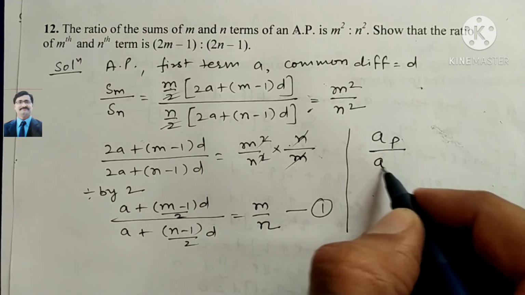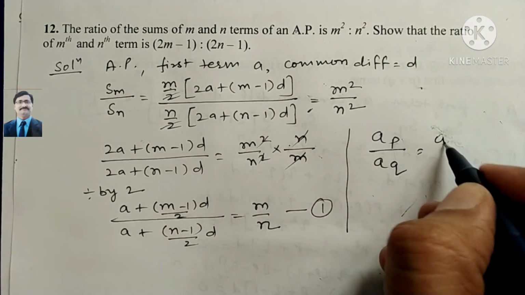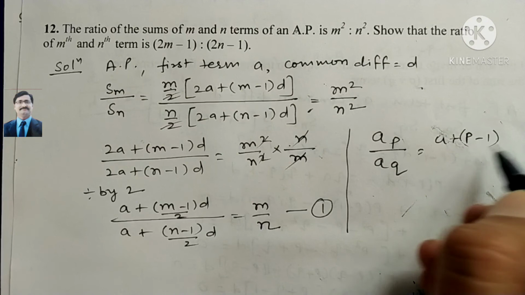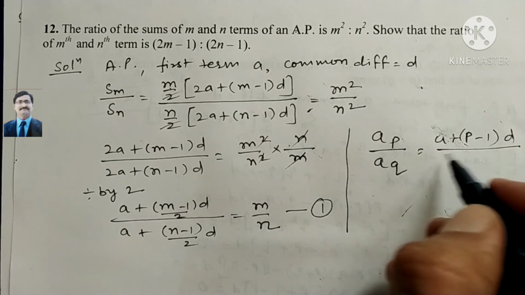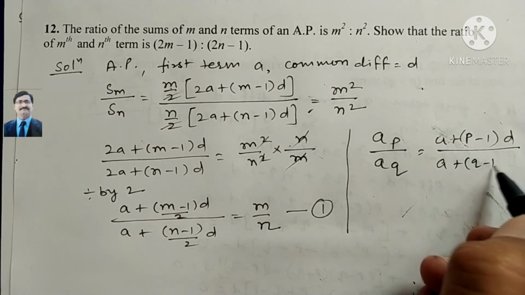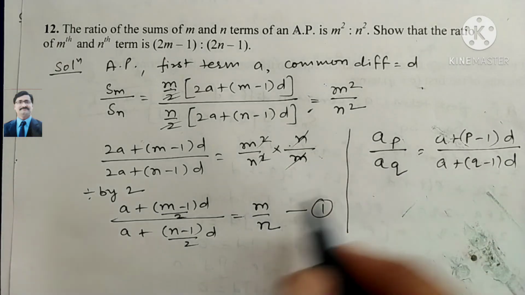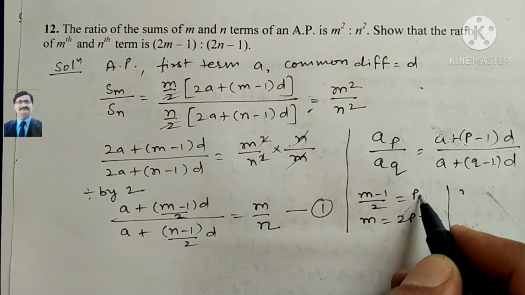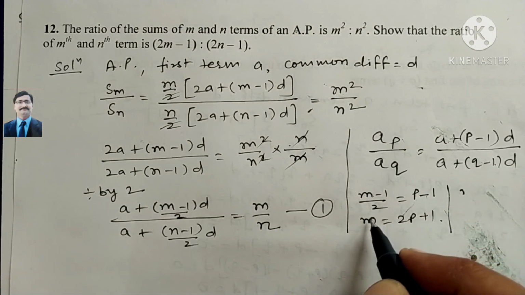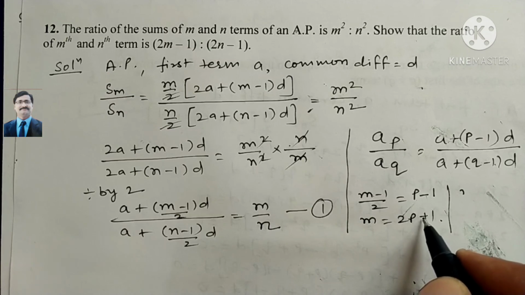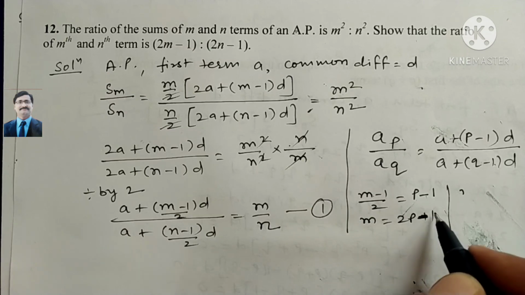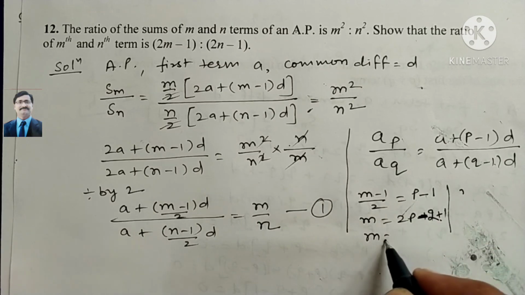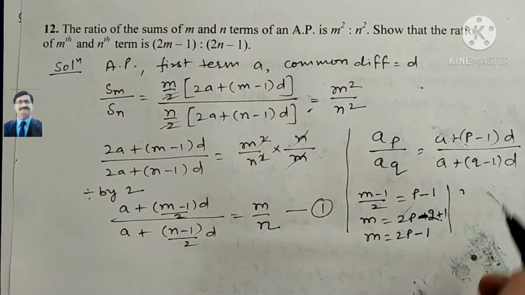The p term upon the q term. P term is a plus p minus 1 into d, and q term is a plus q minus 1 d. So look here we will compare this, and we write here m minus 1 upon 2 equal to p minus 1, so we get 2p minus 2, and 1 we transfer plus 1, so we get m equal to 2p minus 1.